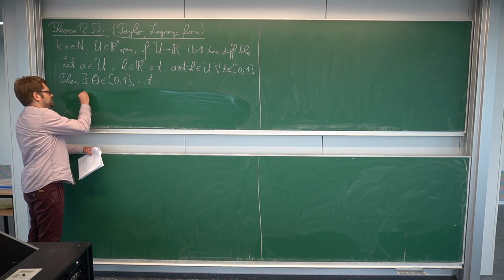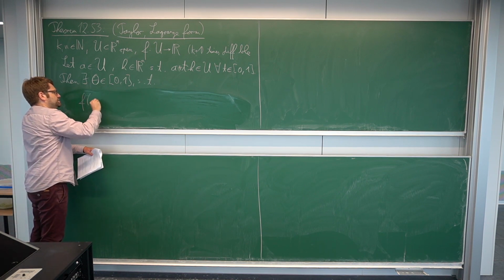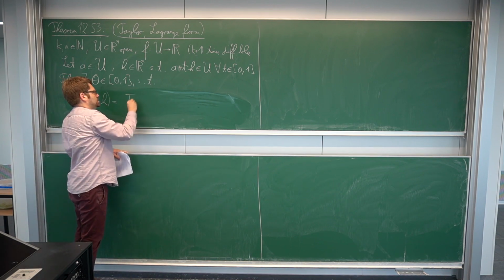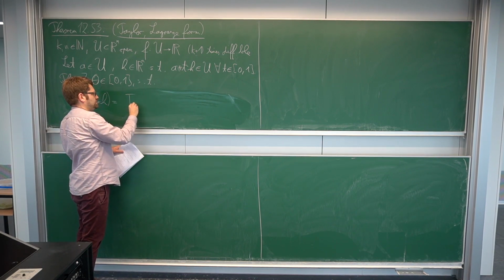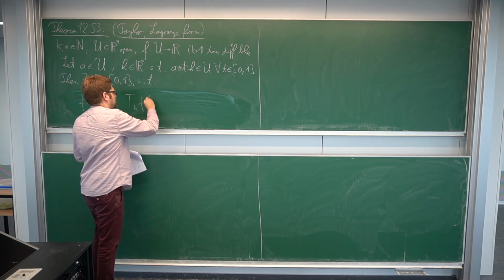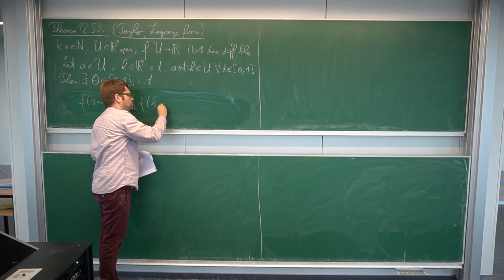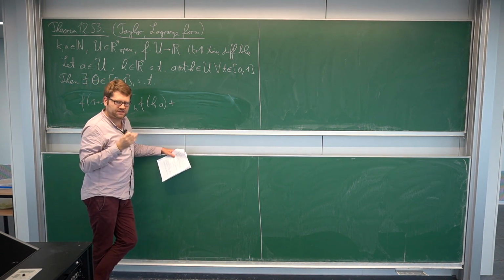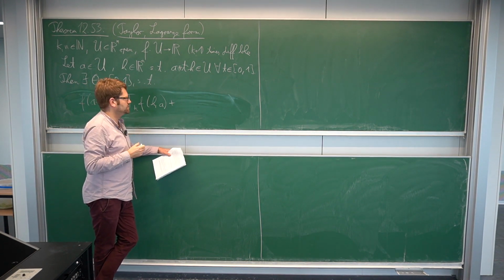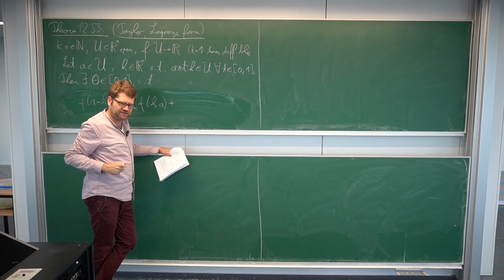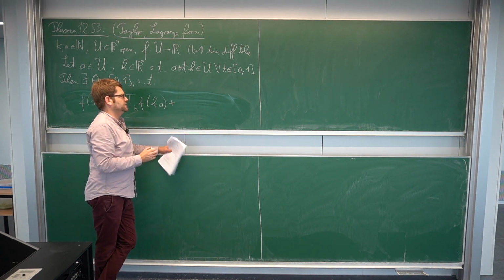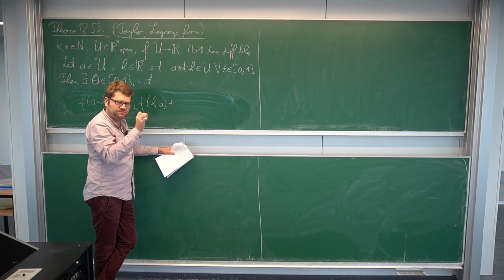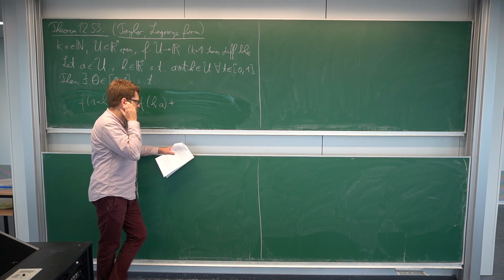So f of a plus h is given by the Taylor polynomial T_k f in the variable h at the point a, plus, in the Lagrange form, something like the additional summand of the Taylor polynomial, just at some different time in the interval.